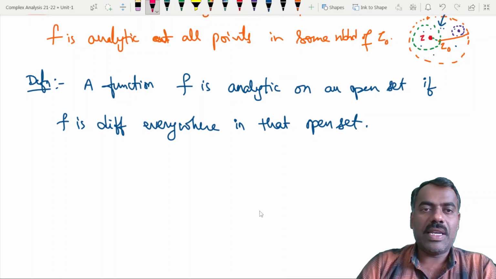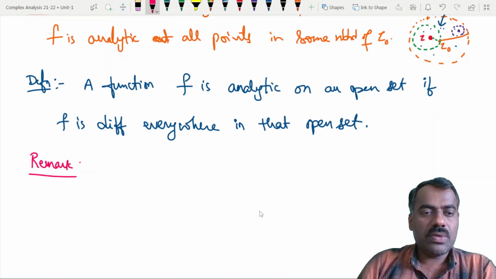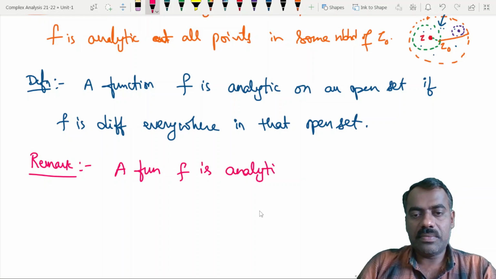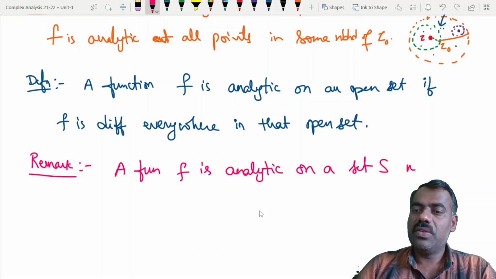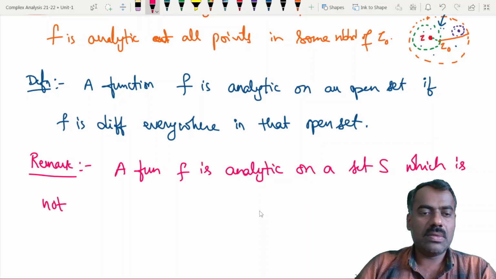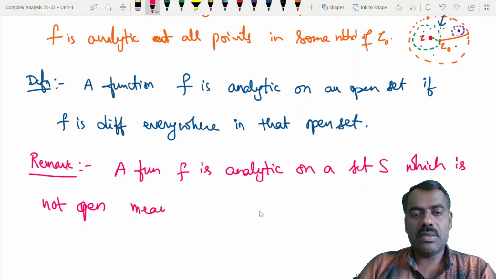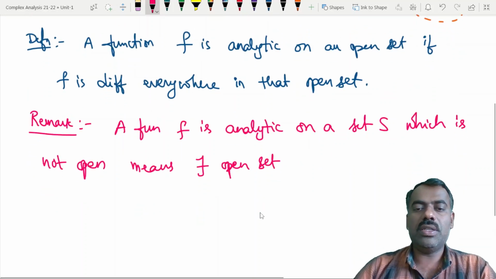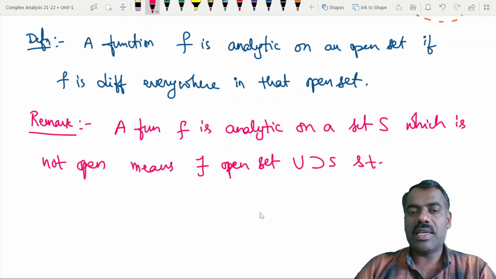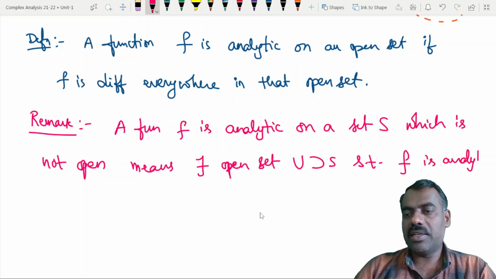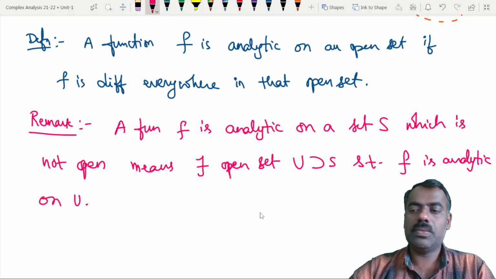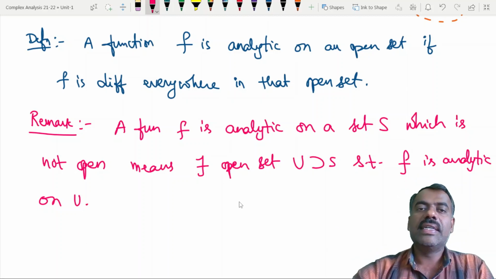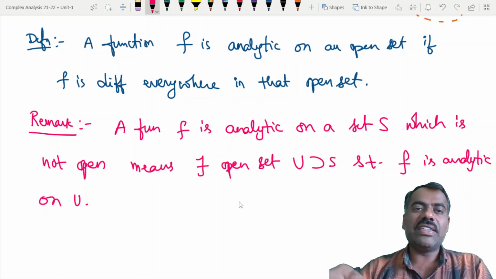Let me write that as a remark. A function f is analytic on a set S which is not open means there exists an open set, call it U, containing S such that f is analytic on U. Whenever we say f is analytic on a set, either that set should be open or there exists an open set containing it where f is analytic.